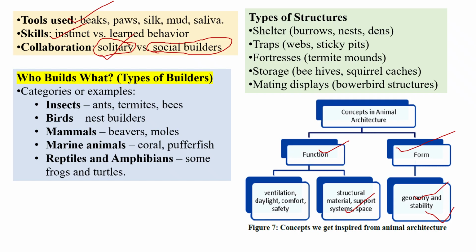And those which build their nest or architecture alone are called solitary builders. Okay, here are some examples I have given. You can go through them later by pausing the screen. These are some common animals and birds and what they generally construct.